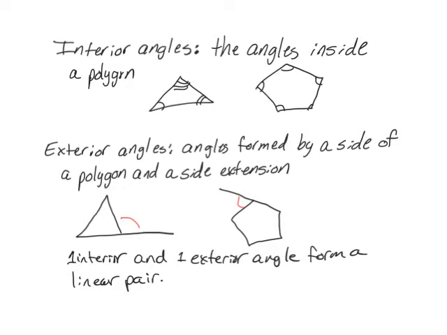If you look here, here's one interior, here's the exterior, together they form a line. Same thing up here, it doesn't matter what the shape of the polygon is. Here's an interior, here's the exterior, they form a line. So in general, a single interior and a single exterior angle will always add up to 180 degrees.